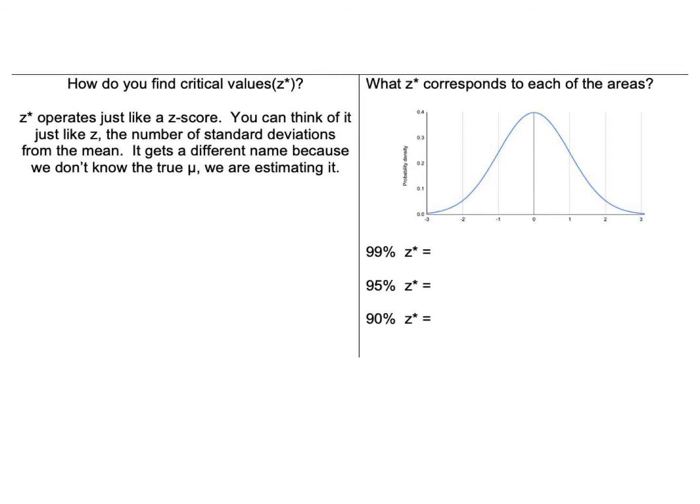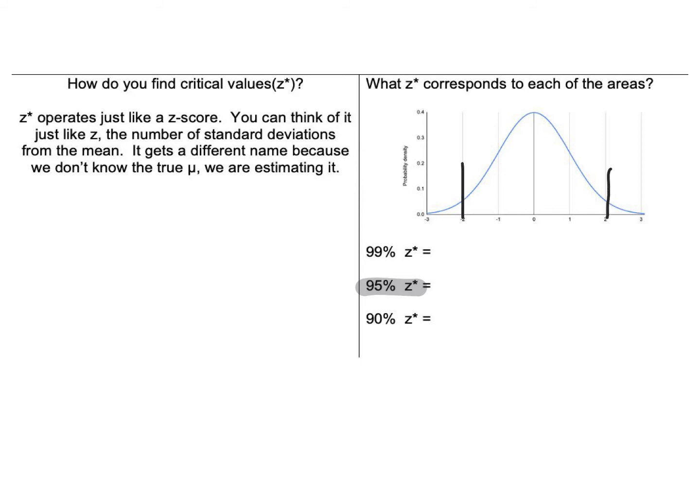We're going to be estimating. All right, what z-score corresponds to the following areas? So I'm going to talk about 95% confident first, since this is the one that we use so often. That means that 95% of our data needs to be between two values.